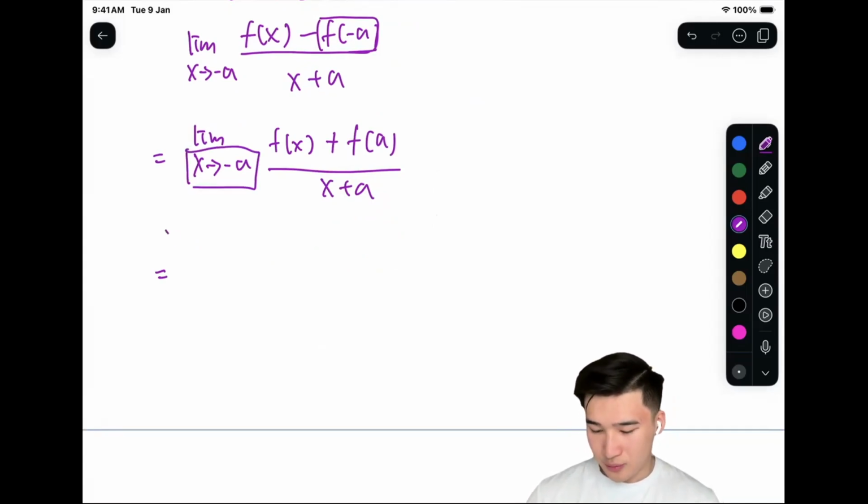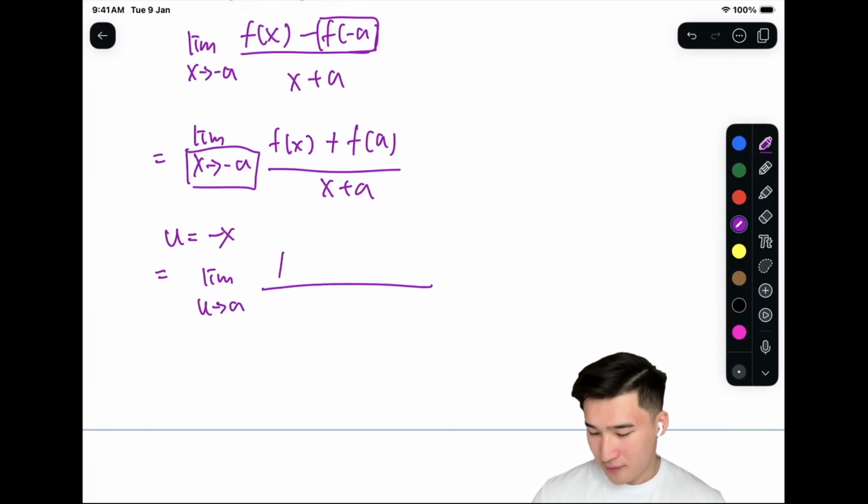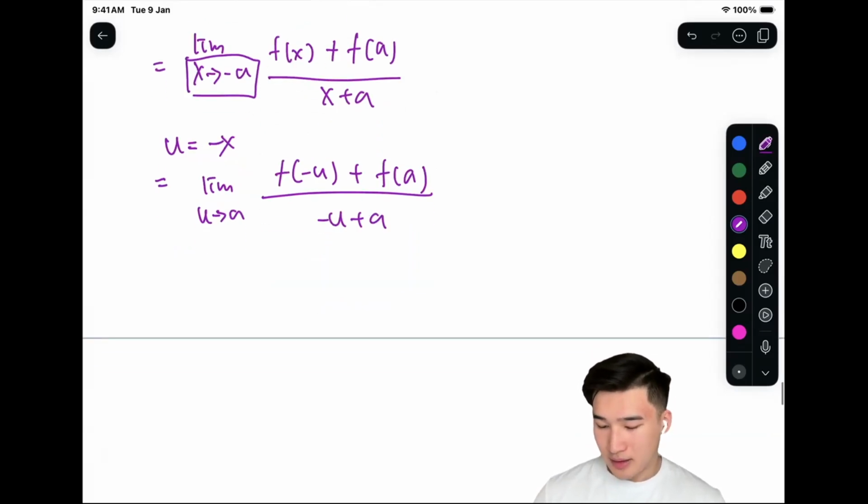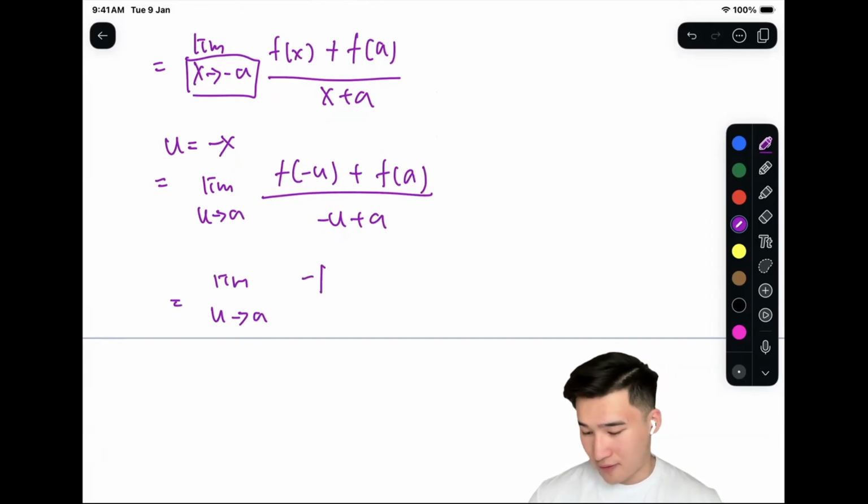So we use u again, u equals negative x. Then we're going to have the limit where u approaches a, and then our f is going to become f(negative u) plus f(a), and our denominator is going to be negative u plus a. And so with u approaching a, f(negative u) is an odd function, so we're going to have negative f(u) plus f(a), over negative u plus a.